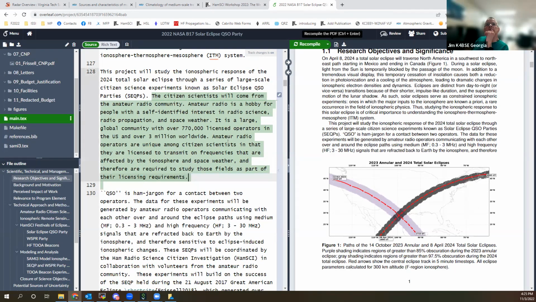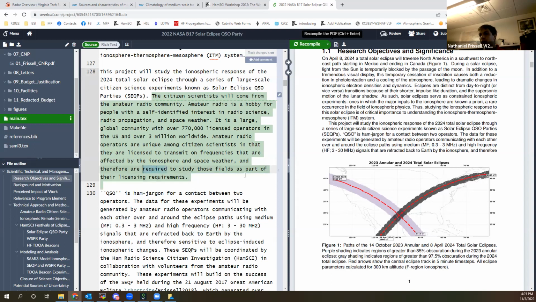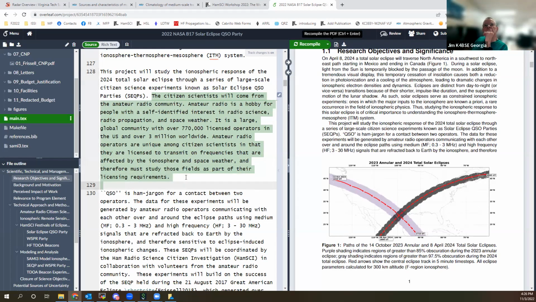Okay, so now it says amateur radio operators are unique among citizen scientists in that they are licensed to transmit on frequencies that are affected by the ionosphere and space weather, and therefore are required to study those fields as part of their licensing requirements. And therefore have the word required, have studied, or must study those fields as part of their licensing requirements. Okay, so I'll read again. Amateur radio operators are unique among citizen scientists in that they are licensed to transmit on frequencies that are affected by the atmosphere and space weather, and therefore must study those fields as a part of their licensing requirements.